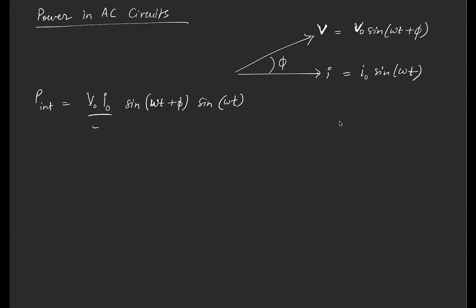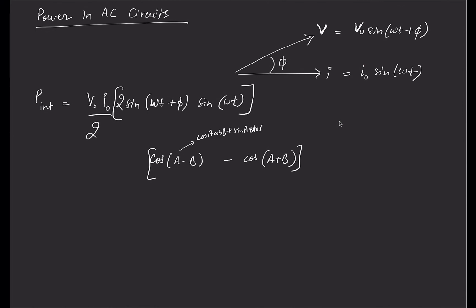So we can write this as this. Now the formula of 2 sin A sin B is cos of A minus B minus cos of A plus B, because this is cos A cos B plus sin A sin B, and this is cos A cos B minus sin A sin B. So if you subtract these two, you get 2 sin A sin B, right?